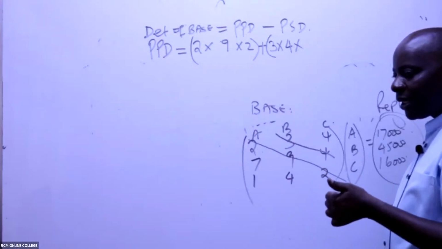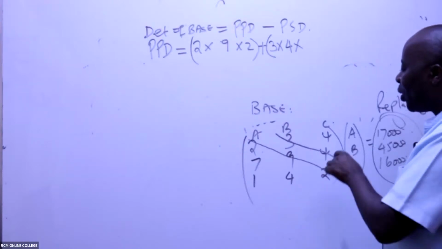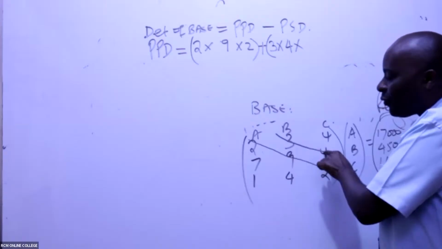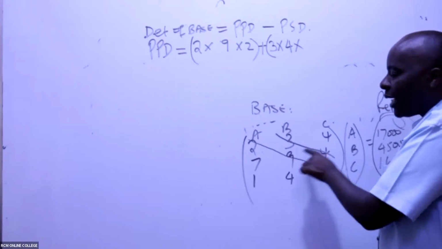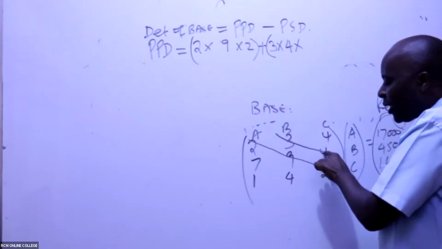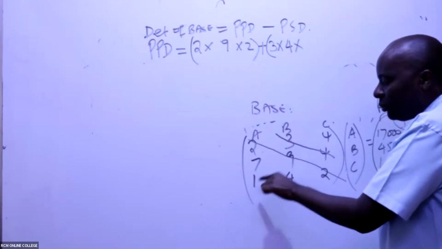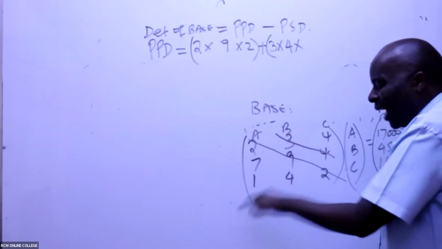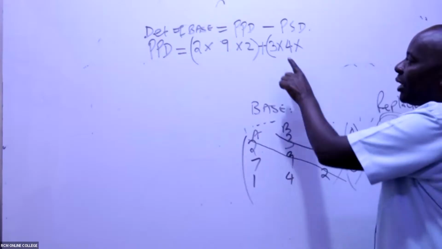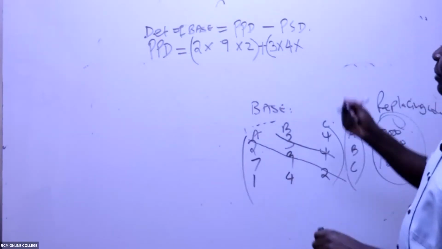The third element will normally be the element which is farthest, at the periphery. So you do like a right angle, you go down to read the third element, farthest. So it will be 3 times 4 times 1.